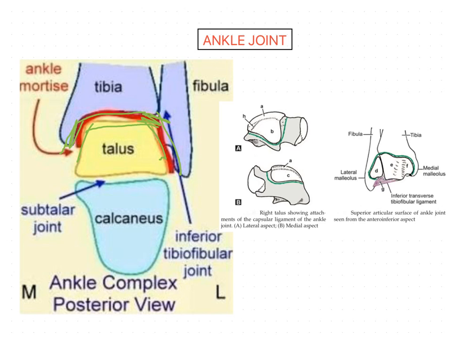Structurally, this joint is very strong. The stability of the joint is ensured by the close interlocking of the articular surfaces and the strong collateral ligaments on the sides and the tendons which are crossing the joint anteriorly below the extensor retinaculum, laterally two tendons on the posterolateral side and three tendons on the posteromedial side, that is below the flexor retinaculum on the medial side and peroneal retinaculum on the lateral side.